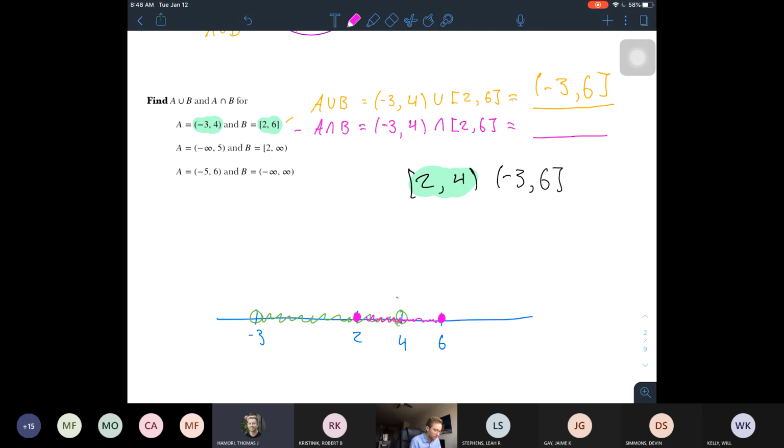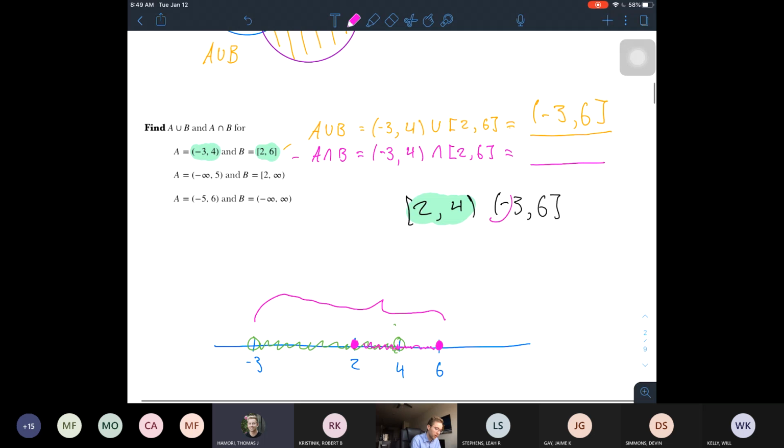Okay, so if I want to consider A union B, I should consider the set of things which are in either of these two sets or in both. So I want to consider this entire interval, and I have an open endpoint on the left and a closed endpoint on the right, which is why we should have on our answer the parentheses on the left and the bracket on the right.